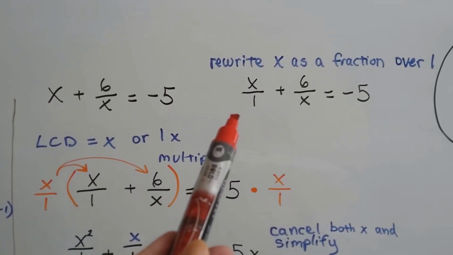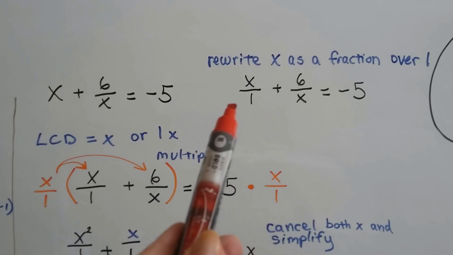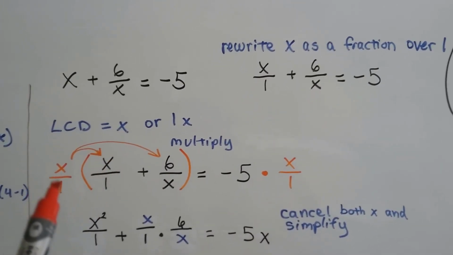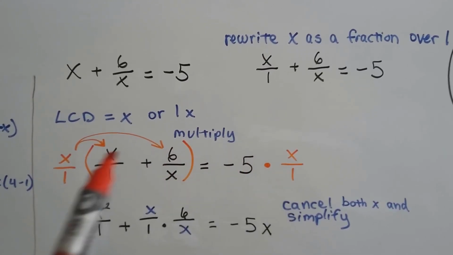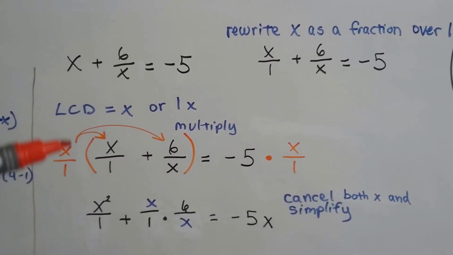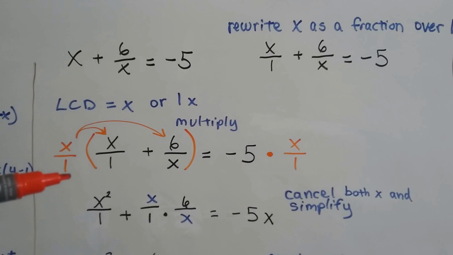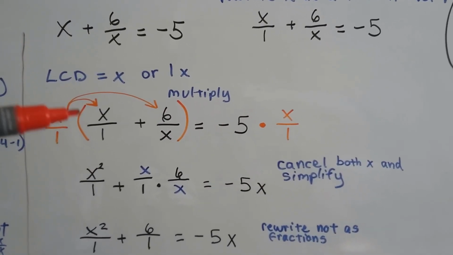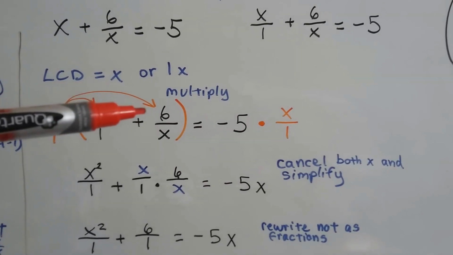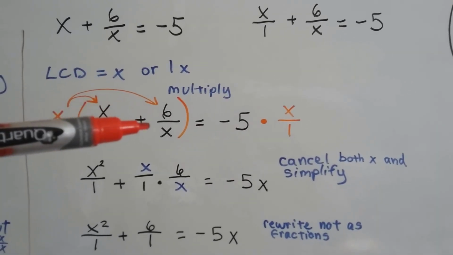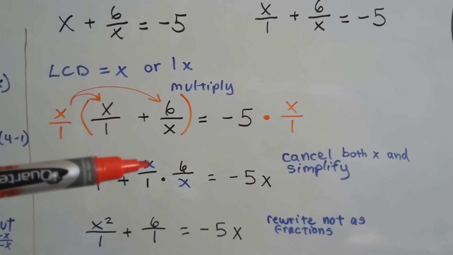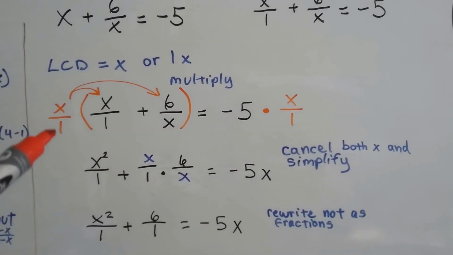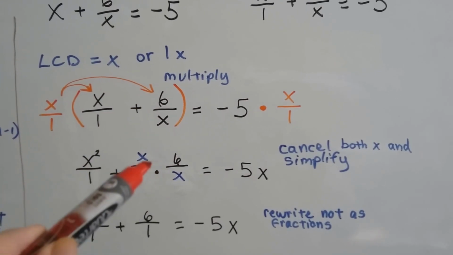So our least common denominator is x, isn't it? It's just 1x. See? So let's multiply each side by x, and I'll do it over 1 because these are all fractions, okay? So x times x is x squared, and x times 6 over x, here's the x over 1 times 6 over x right here.